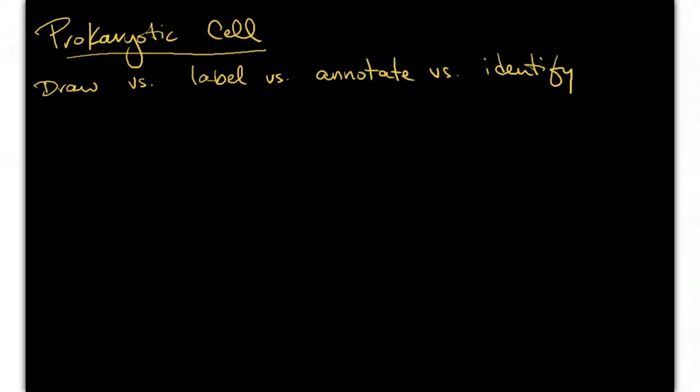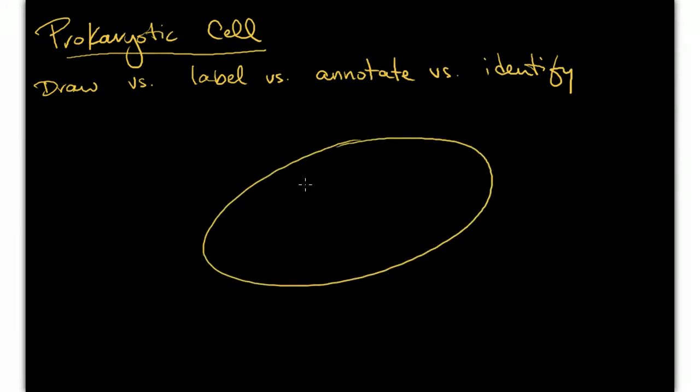So what I'm going to try to do is sketch out a diagram as best as I can. So we've got a couple of components to our prokaryotic cell, and all I'm doing right now is drawing it, and not very well, but it doesn't need to be a great drawing.